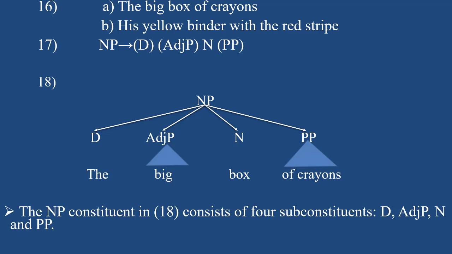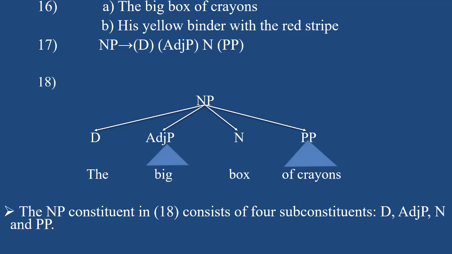Look at the tree in 18. This is the best representation for this tree, how to represent the sentence, the big box of crayons, using our rules. This is the tree structure. So we have the determiner, adjective, noun, and PP here, in which we have a preposition and the noun, of course, of crayons.